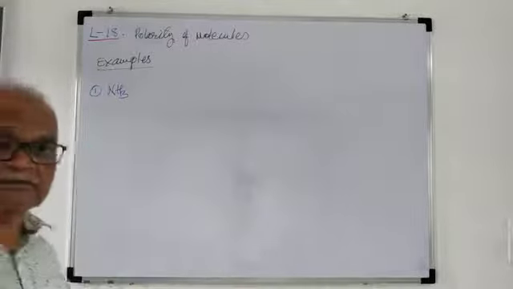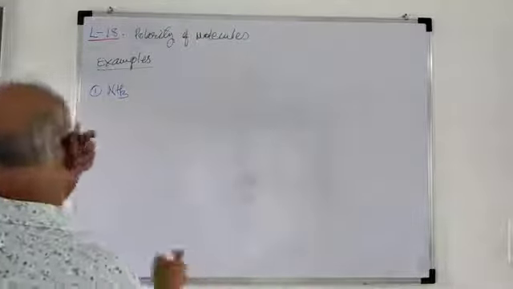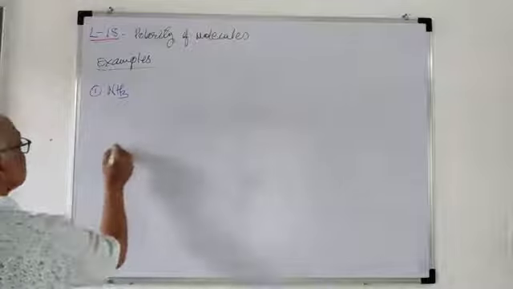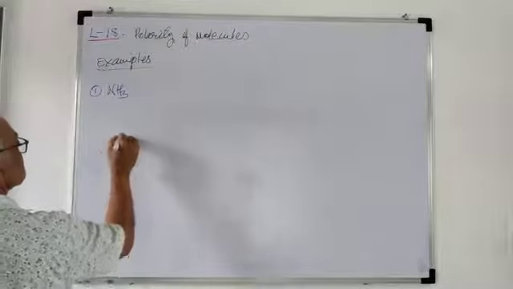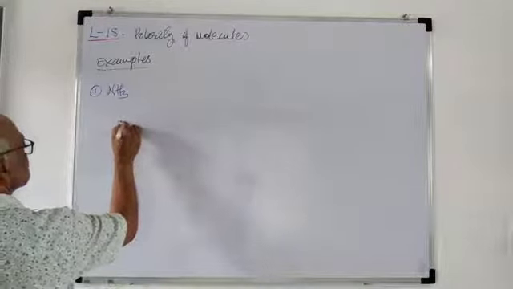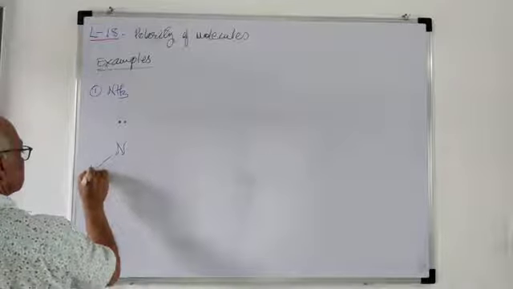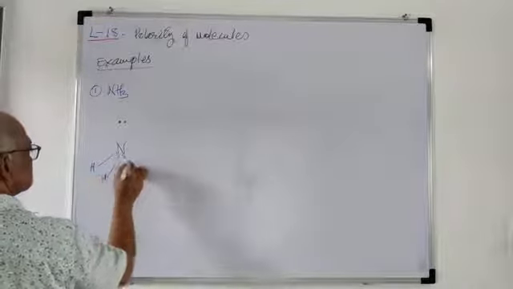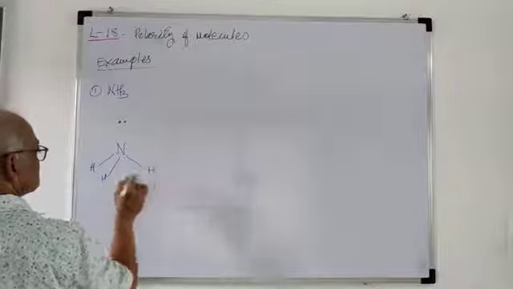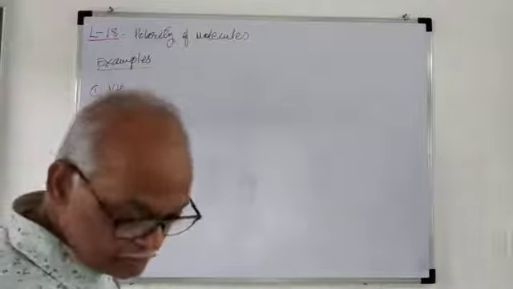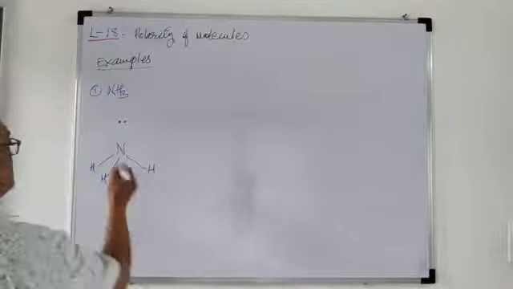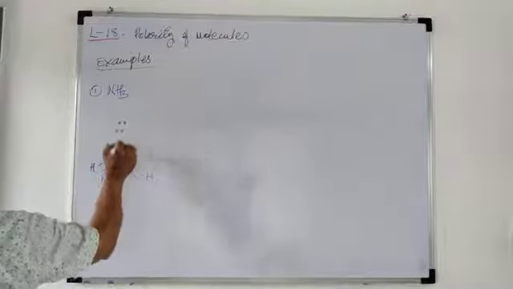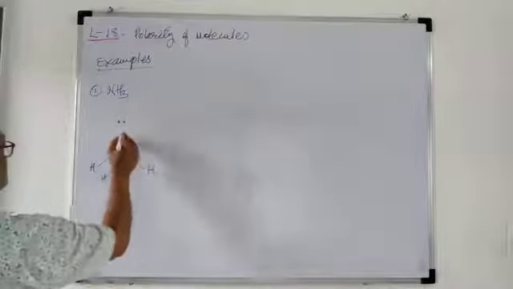So this is ammonia molecule and its structure is like this. It has one lone pair and 3 bond pairs.